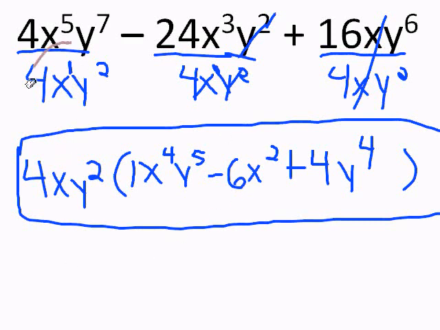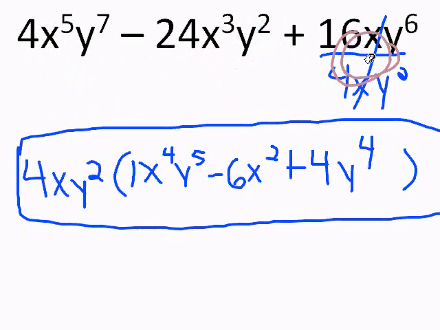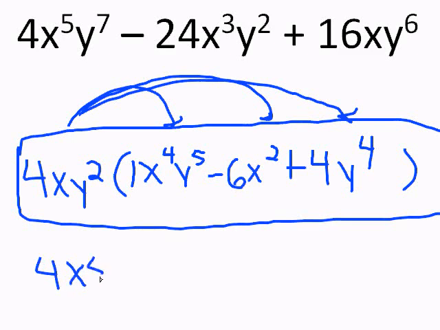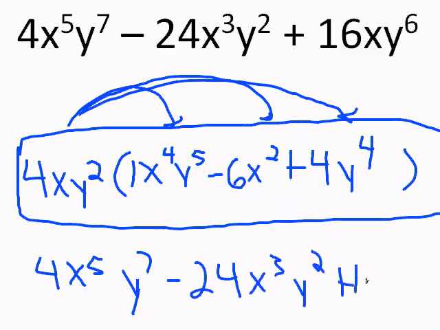Again, we can distribute to check our answer by taking that 4xy squared and multiplying it into the parentheses by every single term, and we should get 4x to the fifth, y to the seventh, minus 24, x squared times x is x to the third, y squared, plus 4 times 4 is 16. X, there's nothing to multiply x by, so we write it down. Y squared times y to the fourth is y to the sixth. If they match, we know that we have found the correct factored form.